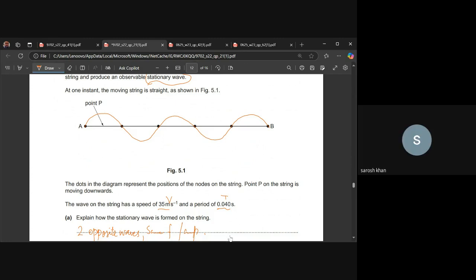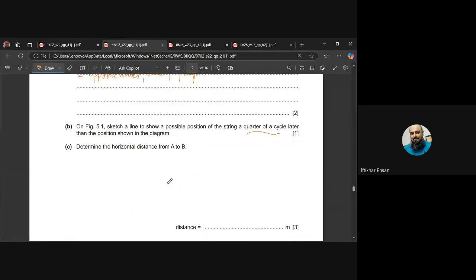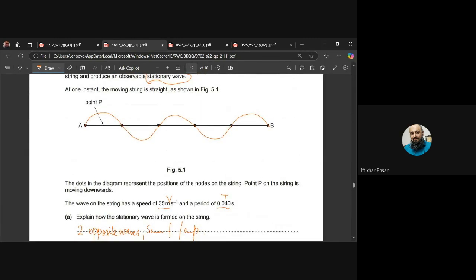Yes, sir. Okay. Now, next is determine the horizontal distance from A to B. So, beta, this is a node. It says the dots are nodes. From node to the next node is half a wavelength.